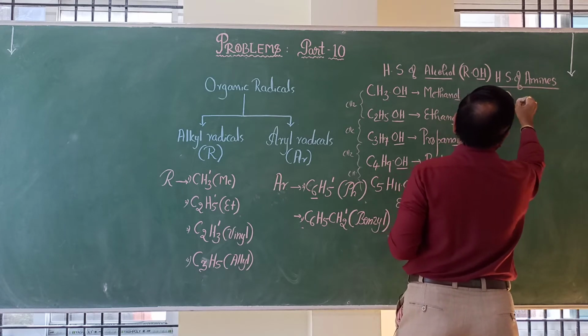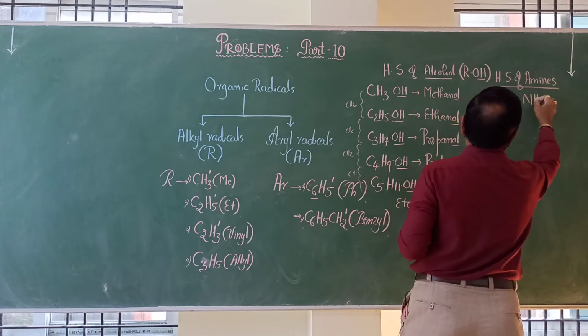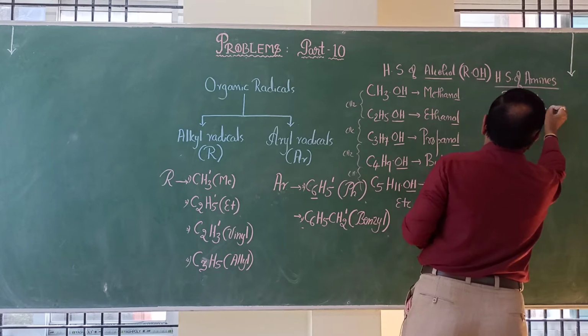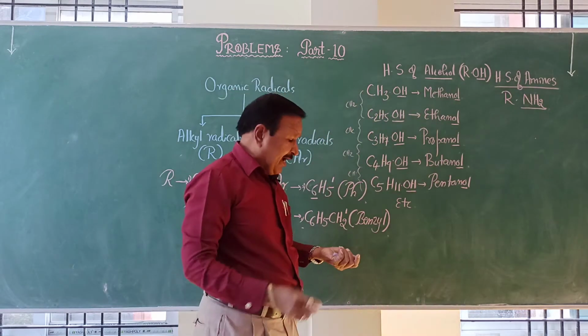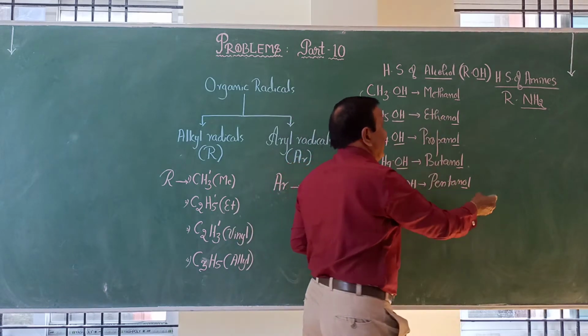That is RNH2. So if you go on substituting the value of R, the series will be ready.